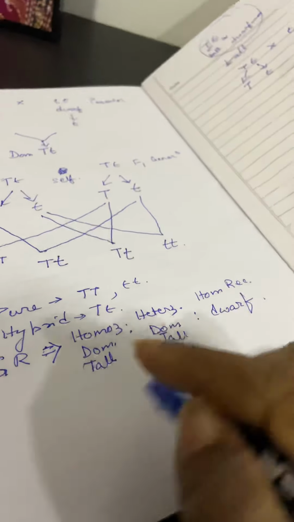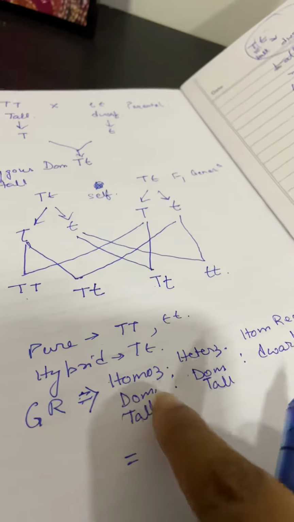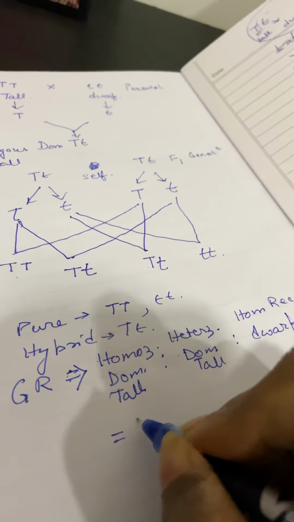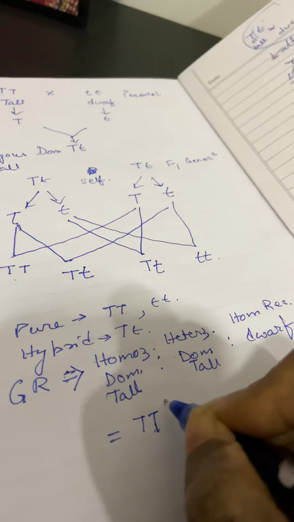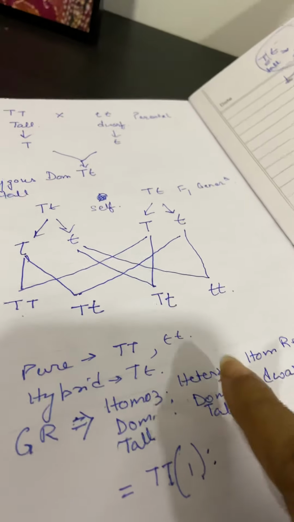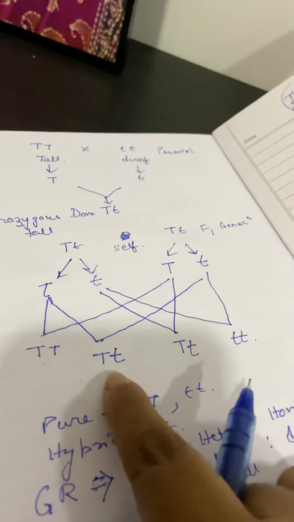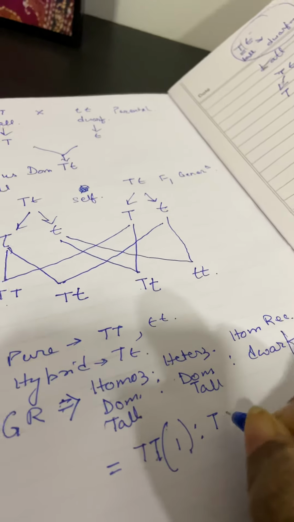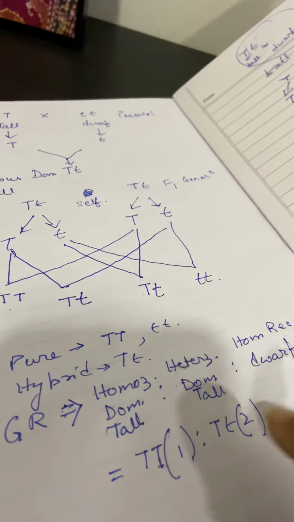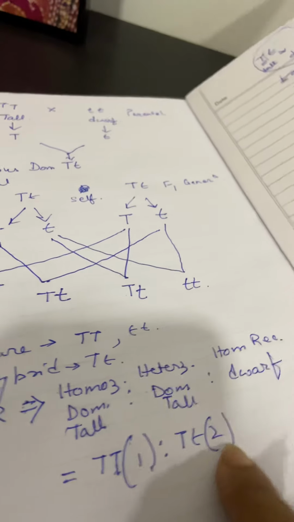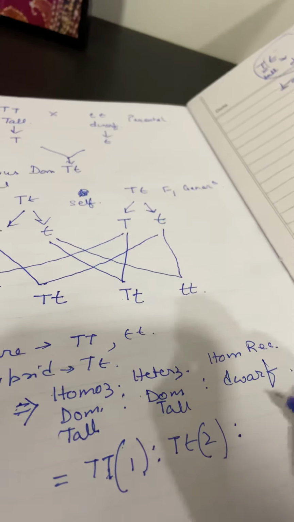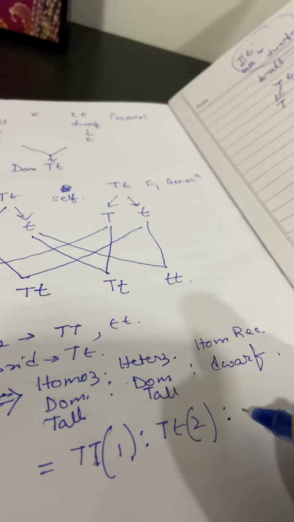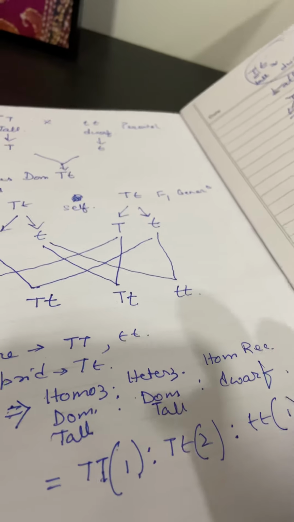How many such are you getting? See, homozygous dominant tall, only one is there, capital T capital T, so that is 1. Heterozygous dominant is these 2, capital T, small t, so 2 of them. And homozygous recessive dwarf, small t small t, that is 1.